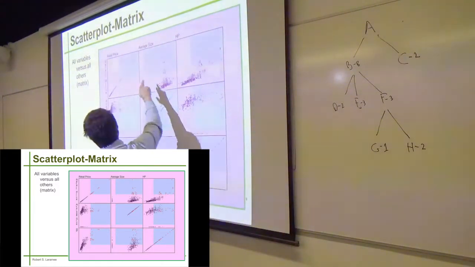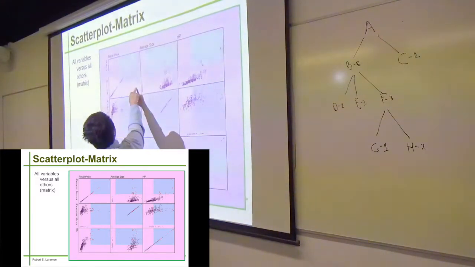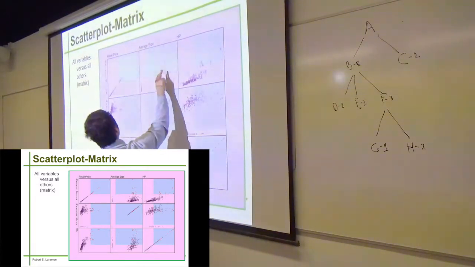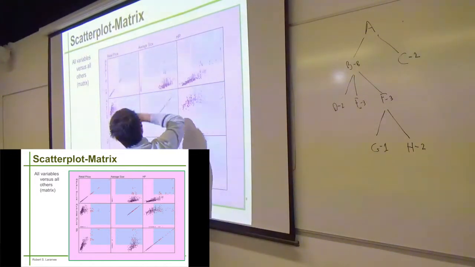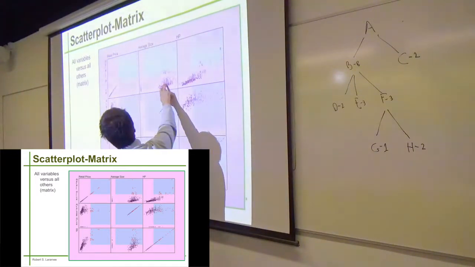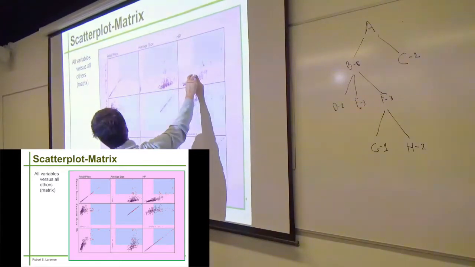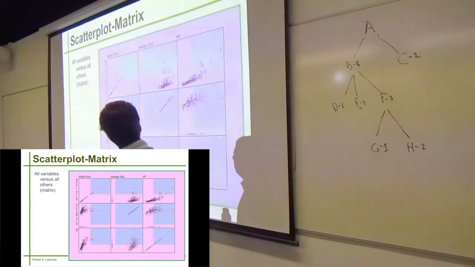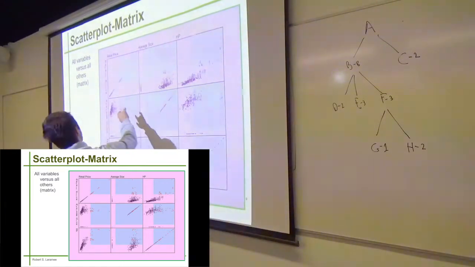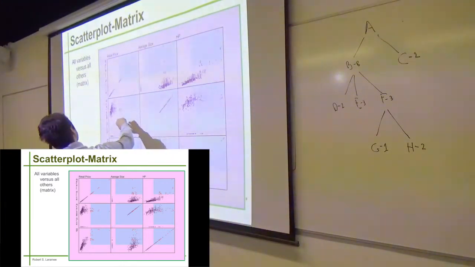But here we have average size versus retail price, right? So there's a funky car that's very, very expensive there, right? And it has an average size. And now we have horsepower plotted against retail price. And so we have redundant information here.